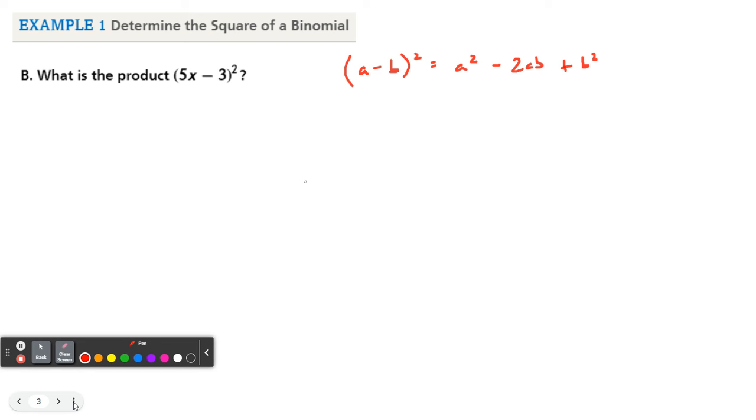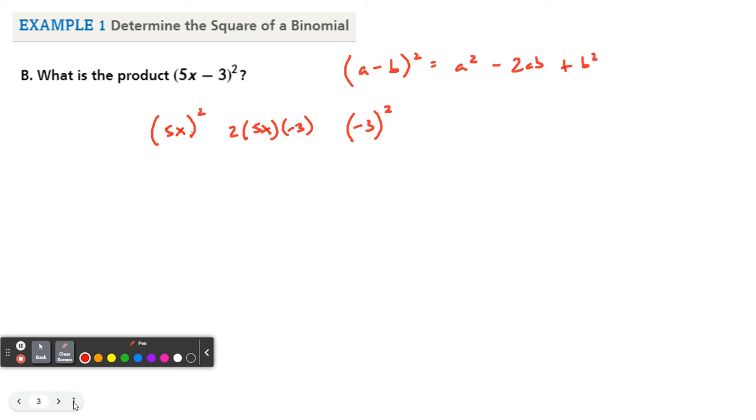So here we go. So we're going to square the first term, right? So that's going to be 5x squared. We're going to square the last term. It's going to be negative 3 squared. And then we're going to multiply 5x by negative 3 and put a 2 in front of it.